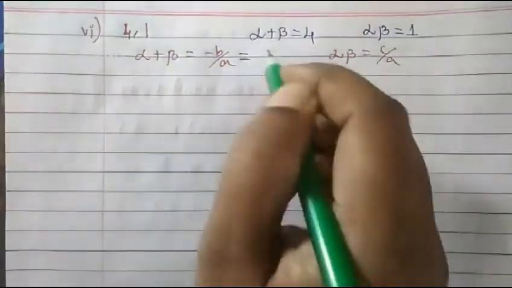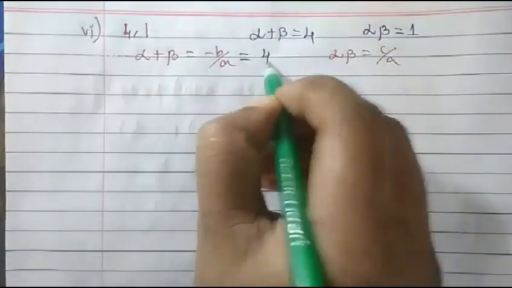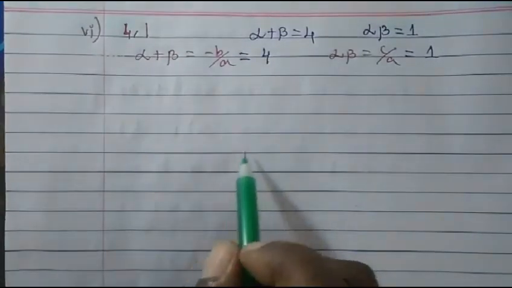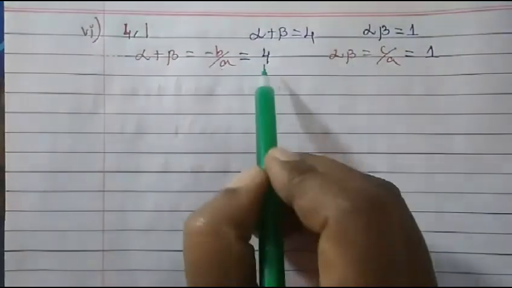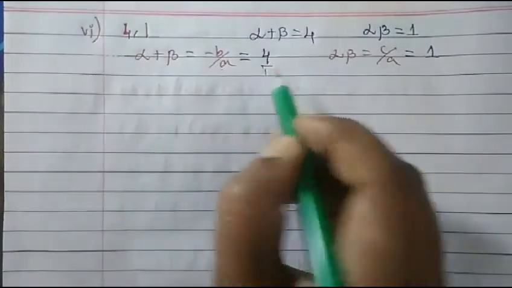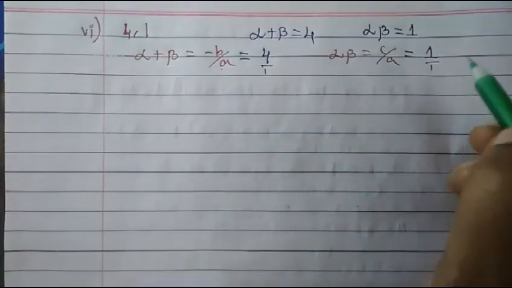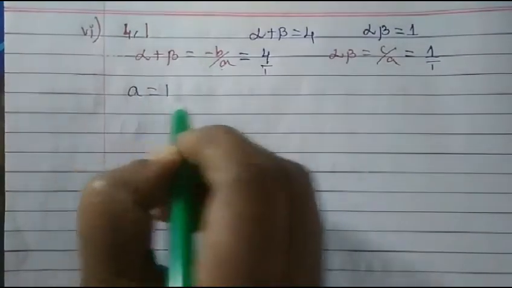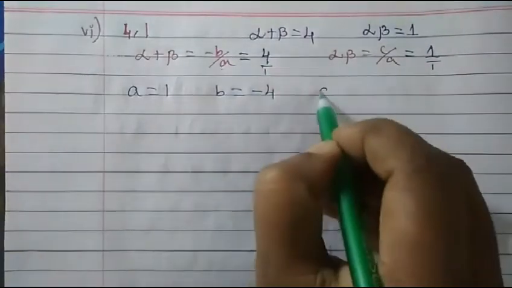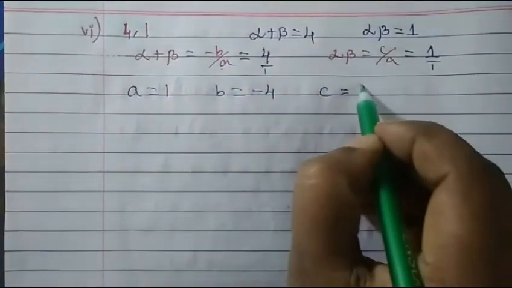Now let's see the denominator, because here also a, here also a. Nothing is there in the denominator, so we assume that there is 1. So that means a will be 1, b is minus 4, and then c is plus 1.